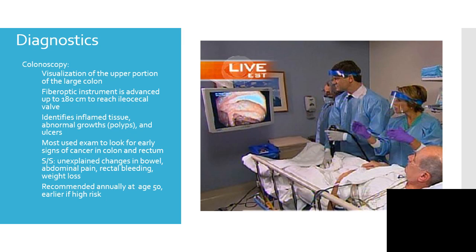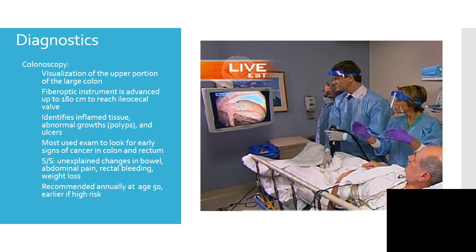So what does a colonoscopy do? It's a visualization of the upper portion of the large colon. They use a fiber optic instrument that's advanced up to 180 centimeters to reach the ileocecal valve. It can identify inflamed tissue, abnormal growths that they call polyps, and ulcers. It's the most used exam to look for early signs of cancer in the colon and the rectum.